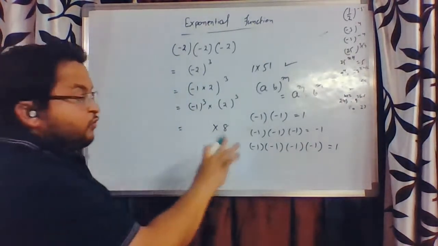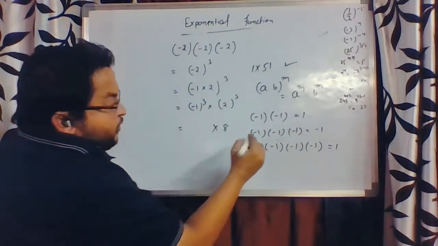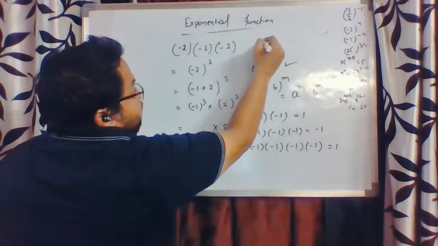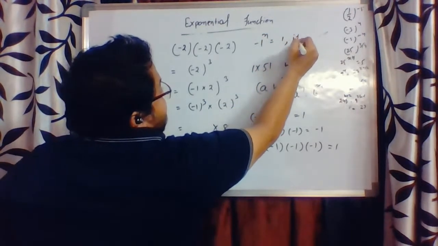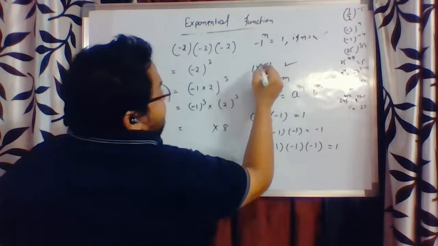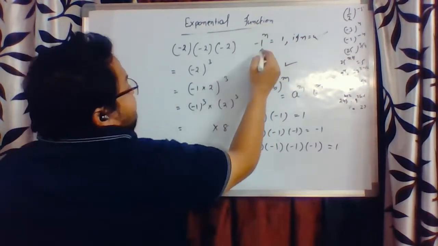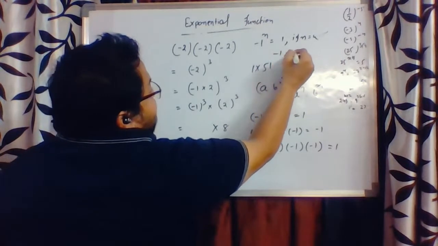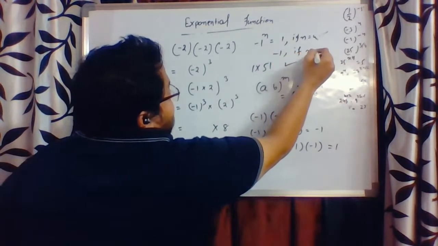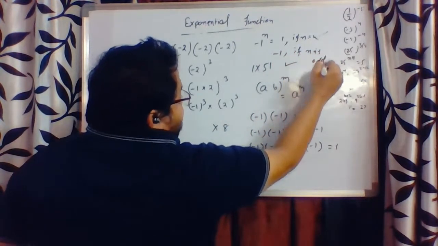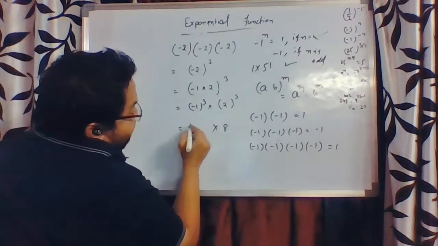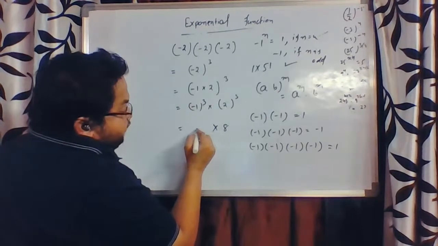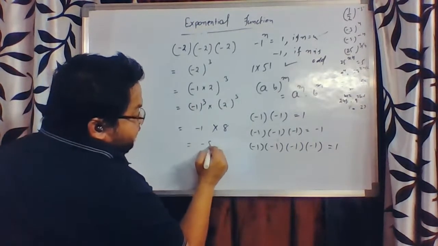So what we are trying to explain here is minus 1 to the power n is always 1 if n is even, and minus 1 to the power n is minus 1 if n is odd. Here minus 1 to the power 3, where 3 is odd, will be minus 1 into 8, so that is minus 8.